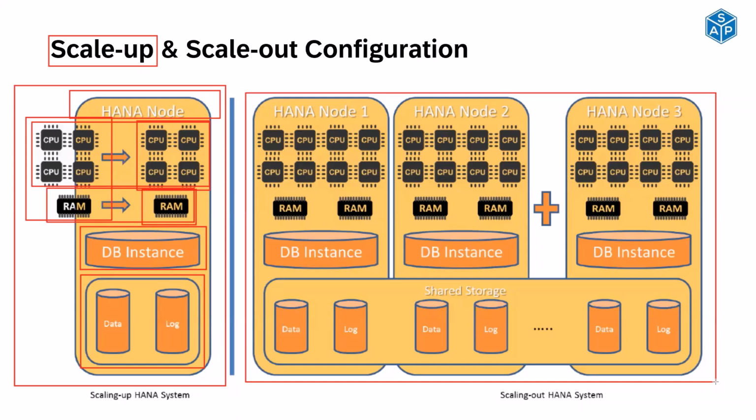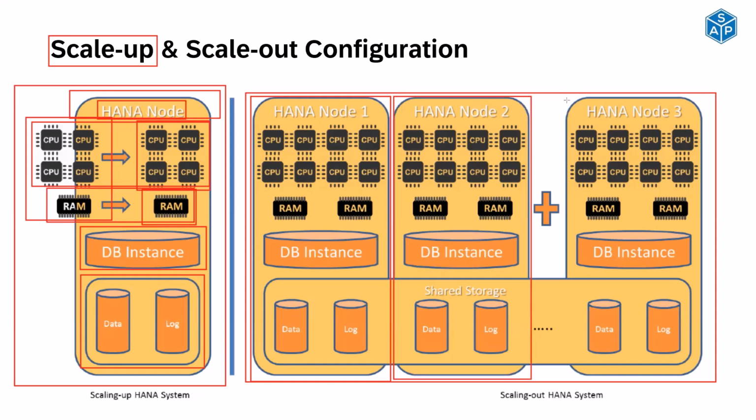Yes, everyone. In the second option, we are physically adding more boxes. You are adding more nodes. Can you see over here? Here you have only one node, this is your first node. When it proves insufficient, you add one more node to your existing node.